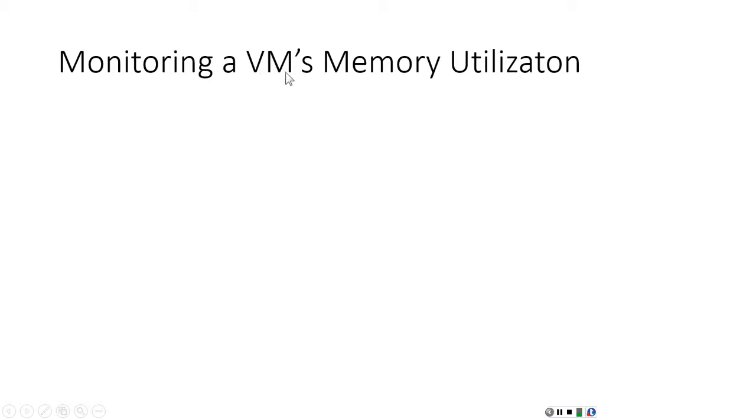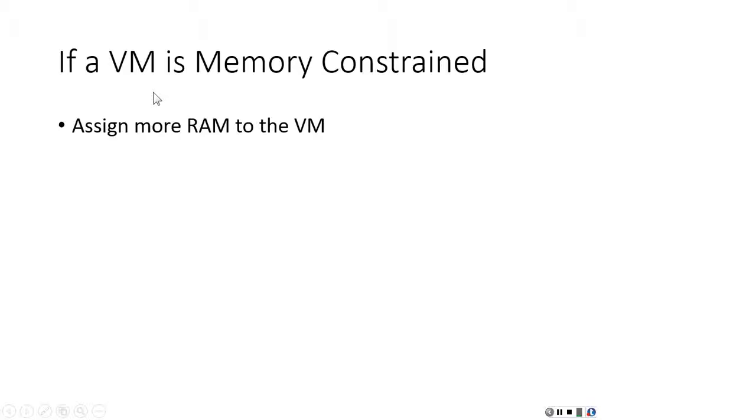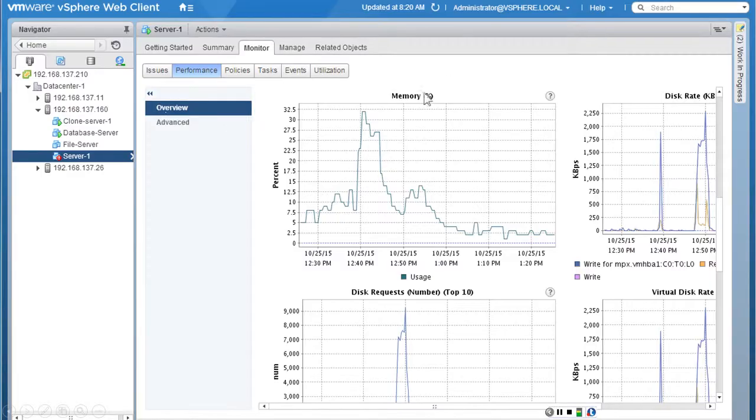Now let's look at the memory for that particular virtual machine. If I go to that virtual machine called server 1, and notice there's a little red error message on it indicating that we're short of memory, we can see that memory utilization is at 32%.